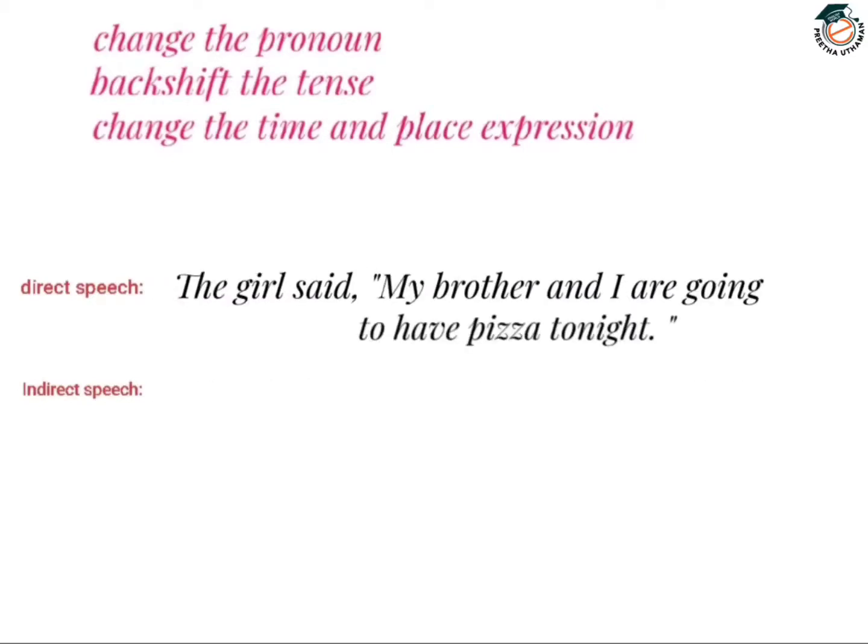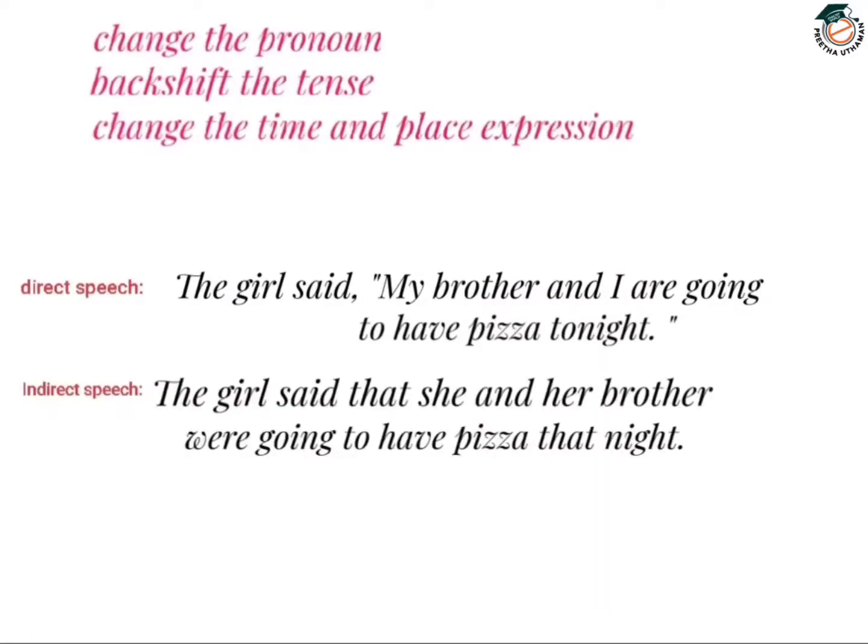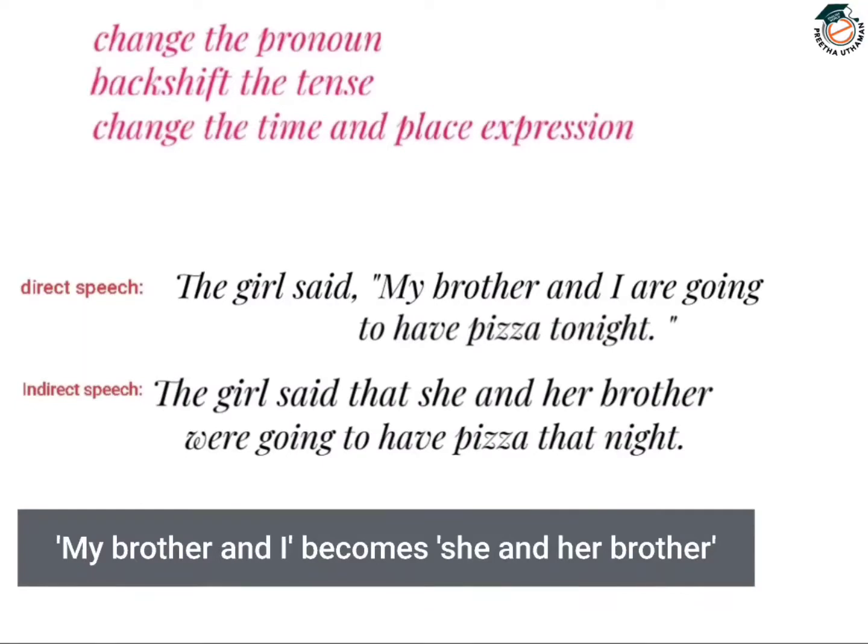Number 9. The girl said, "My brother and I are going to have pizza tonight." The answer is, the girl said that she and her brother were going to have pizza that night. My brother and I becomes she and her brother.